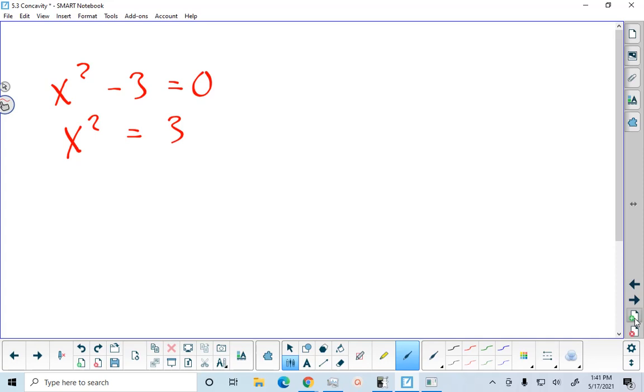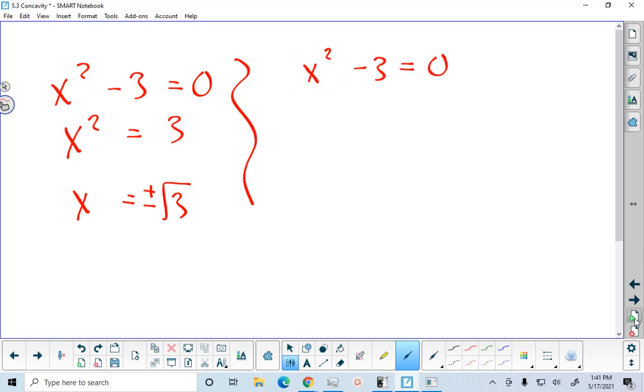One is to move the 3 over and then go plus or minus root 3. The other option is what I would prefer us to do because it's going to be helpful in our chart. Factor x squared minus 3 into x plus root 3 times x minus root 3. And then you can see the solutions.